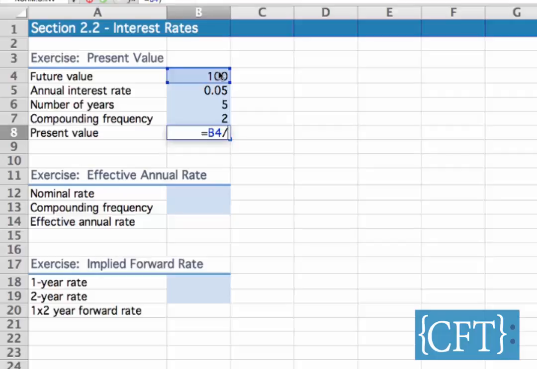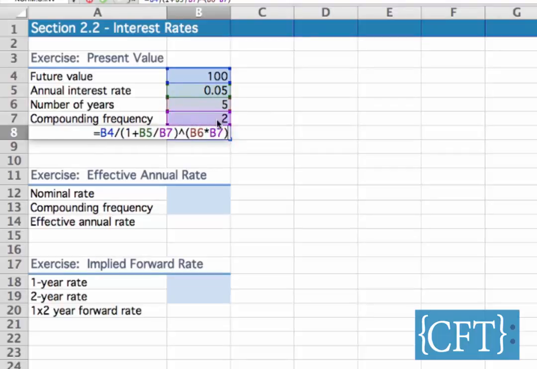So we divide by 1 plus the rate per period, which is the 5% annual rate, but paid in 2 equal installments. So we divide by 2, and we're going to raise that whole factor to a power equal to the number of periods over which we're compounding, which in this case is 5 years times 2 periods per year.